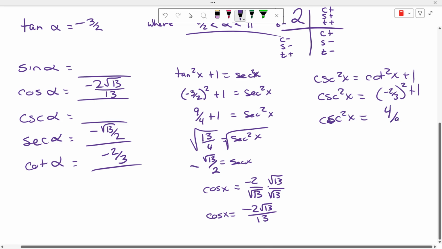So we have 4/9 plus 1. 4/9 plus 9/9 is how many ninths? 13/9. So the cosecant squared equals 13/9. So if we take the square root, cosecant of x equals the square root of 13 over 3.